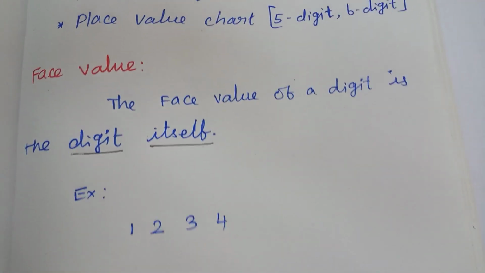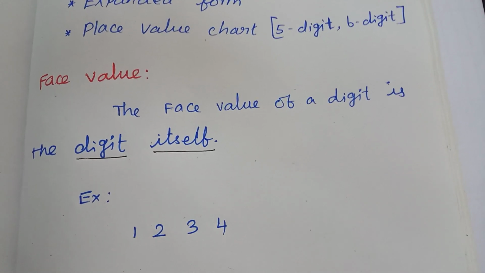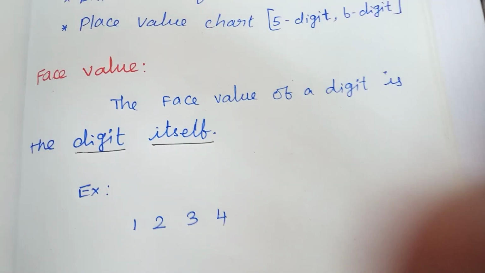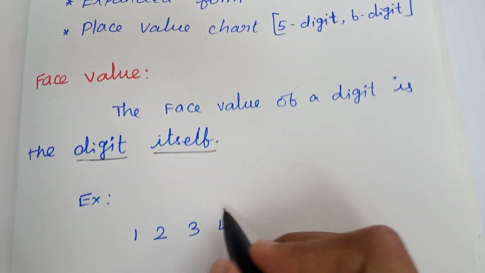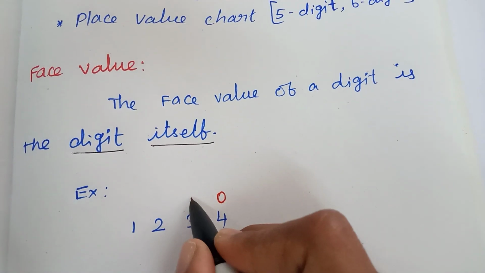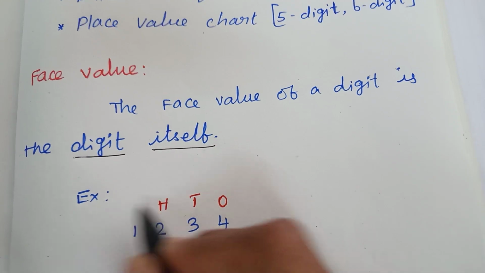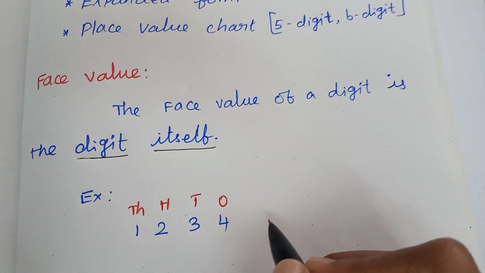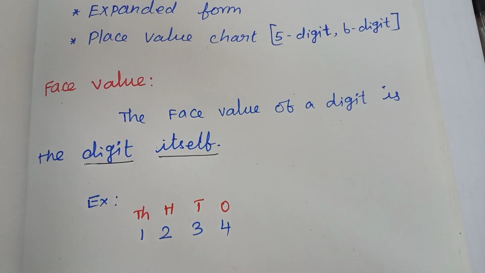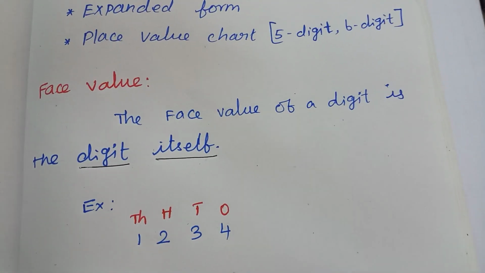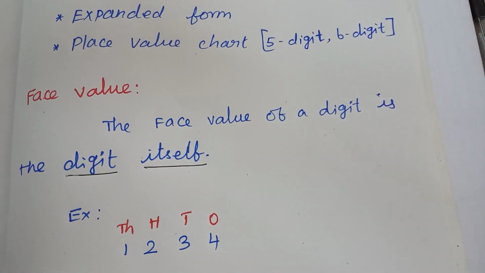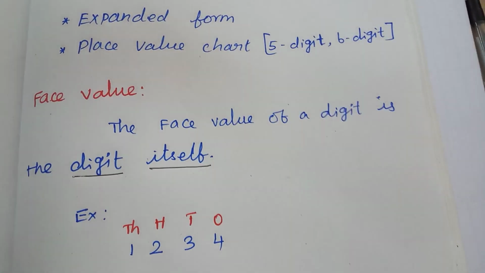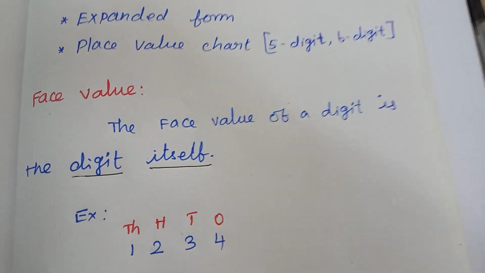Whenever you see a 4-digit number, you should write the places, and write them in capitals, not small letters: ONES, TENS, HUNDREDS, THOUSANDS. You also follow these steps properly. You have learned place value and face value very well, so this is a recall.